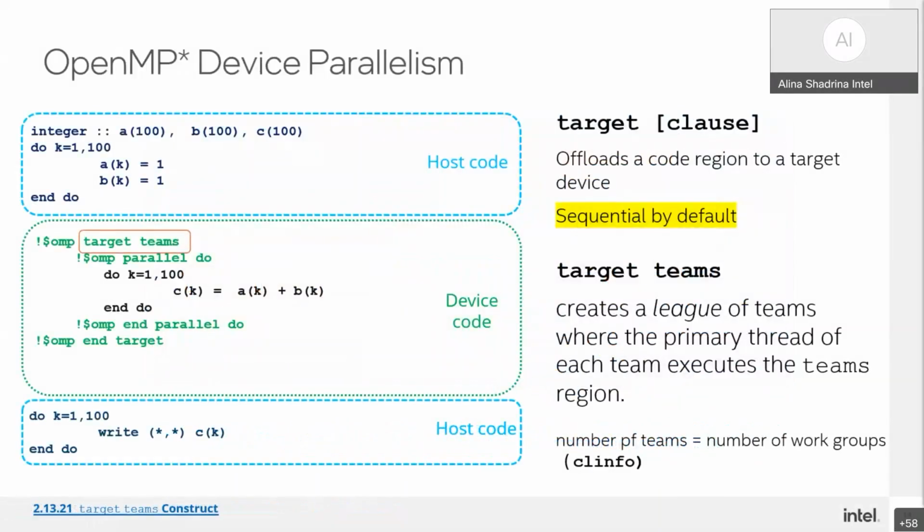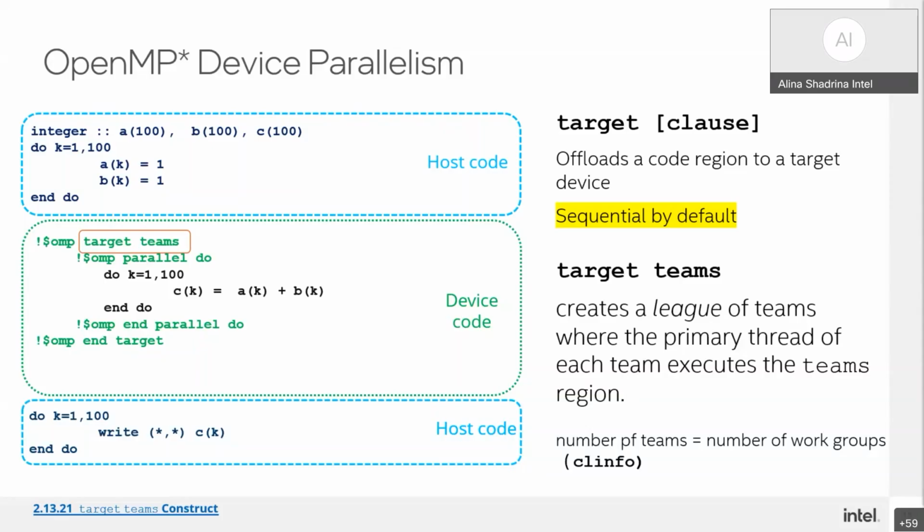In fact, the teams construct gives us the desired level of parallelism. Teams creates multiple master threads inside the target region, and each master thread creates a league of threads. Threads are synchronized only inside one team, and because there is no synchronization across teams of threads, the teams could be assigned to different GPU subslices.